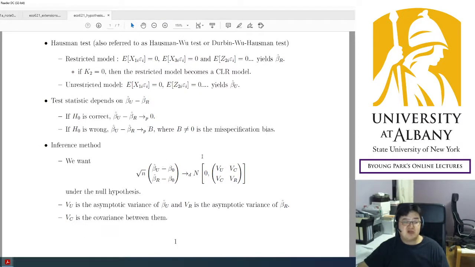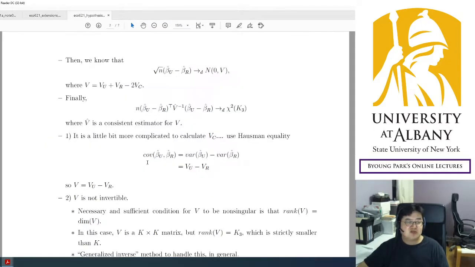In general we would like to calculate the joint limiting sampling distribution of beta_u and beta_r if possible, but this is usually very difficult. Especially the covariance is very difficult to calculate.